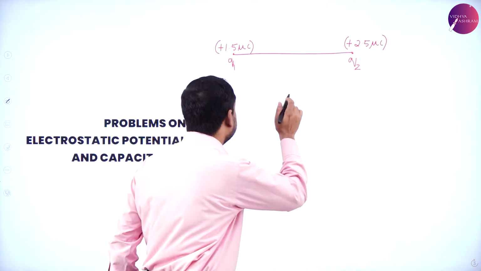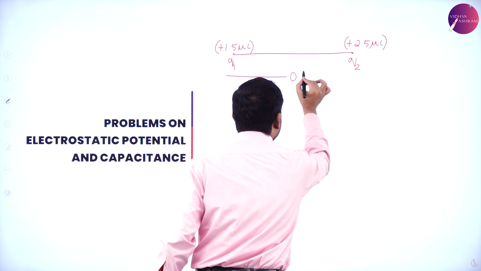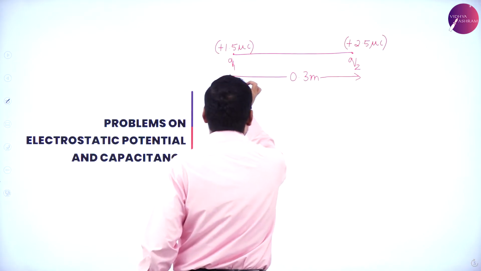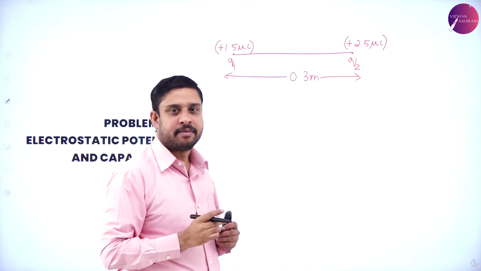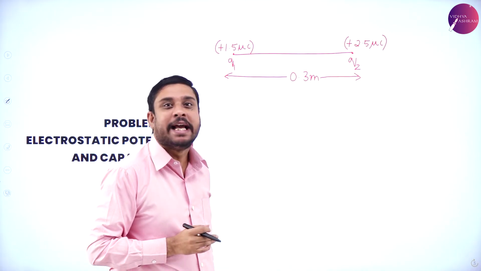Now, they are separated by a distance of 0.3 meter in air. What am I to calculate?